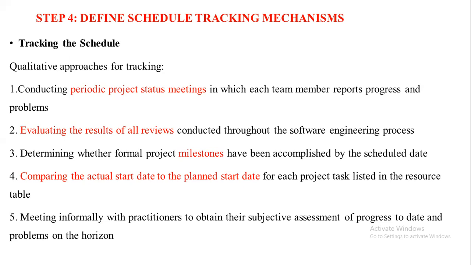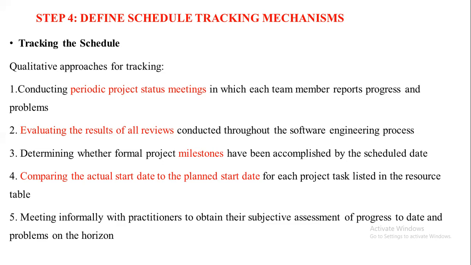Then you can evaluate the results of all the reviews conducted throughout the process. Then you can determine some milestones which have to be accomplished on a particular date. When I say milestone, that particular task has to be done on that day, and we cannot extend it beyond that date. Only if you do it on time can we complete the project according to the schedule. So we can fix some milestones.